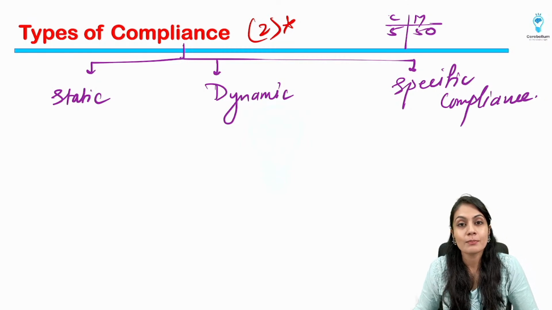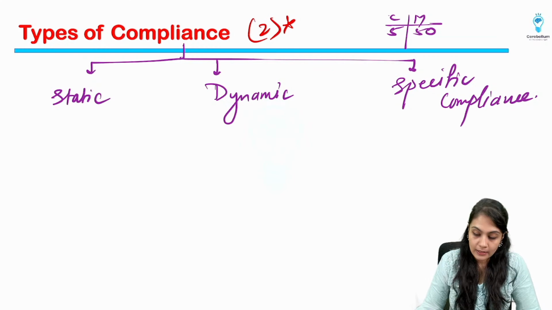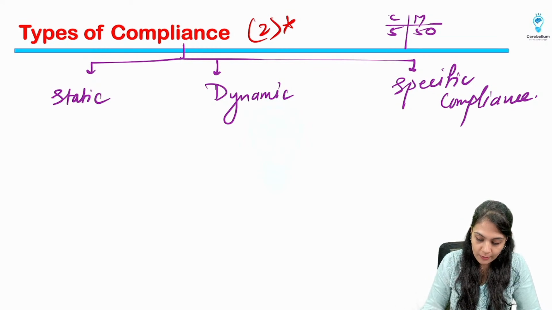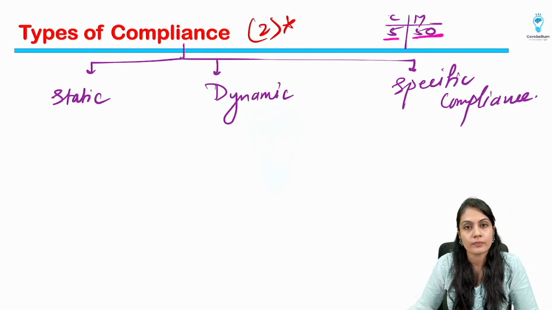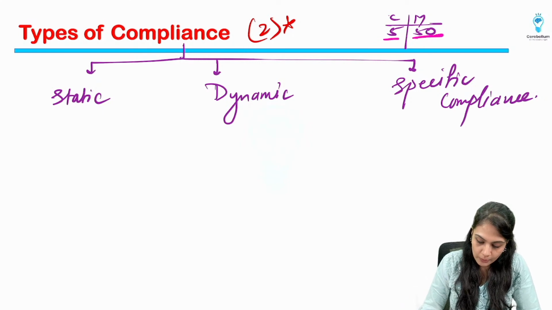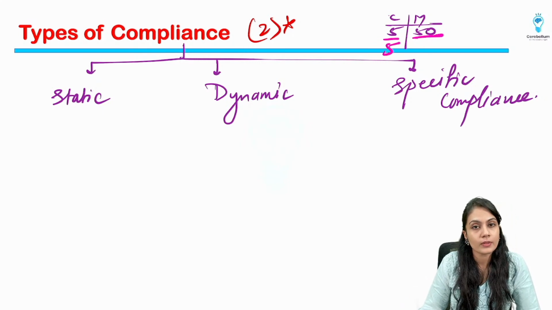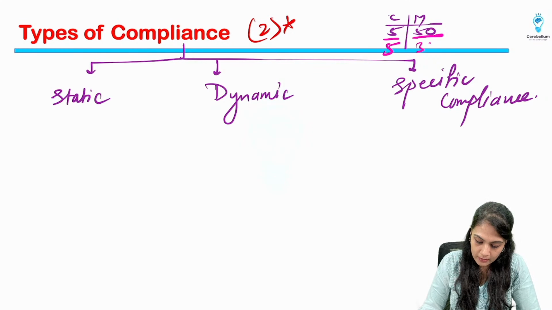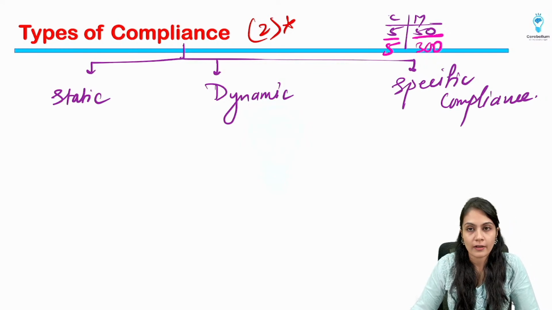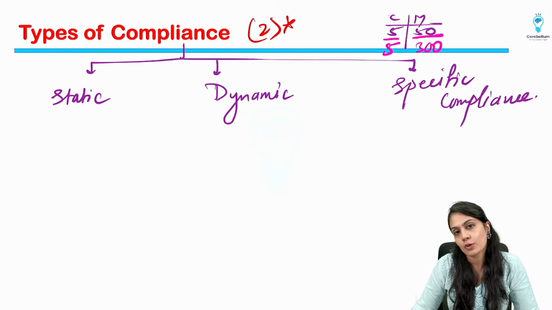But it's better to go with the complete information and not the half information. This is the half information. Suppose Chintu got 5 out of 5, and Mintu got 50 out of 300. Definitely Chintu got more percentage as compared to Mintu.